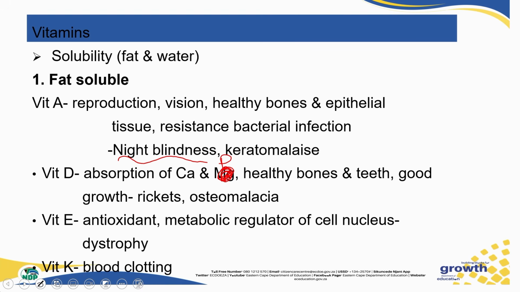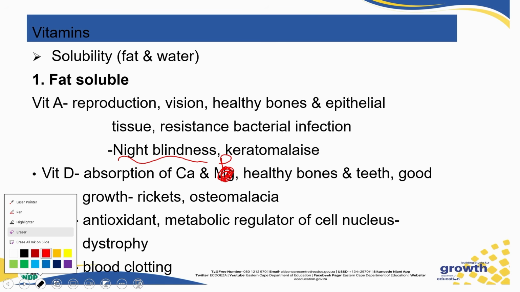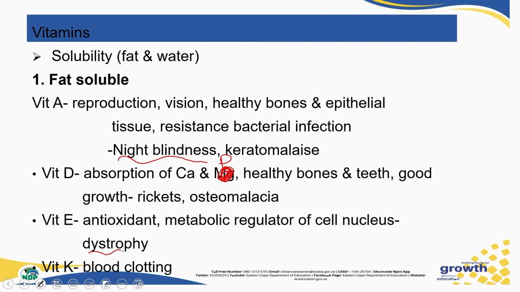Then vitamin E is an antioxidant. And if an animal is deficient in vitamin E, it will suffer from dystrophy. It will have a dystrophy disease, as vitamin E is a metabolic regulator of the cell nucleus.